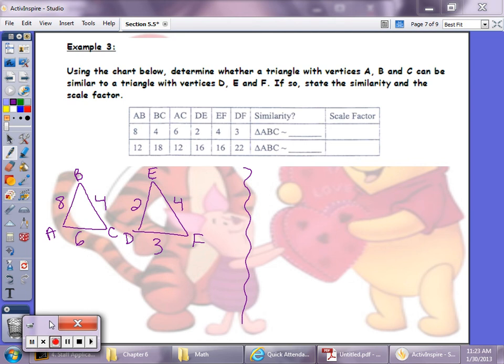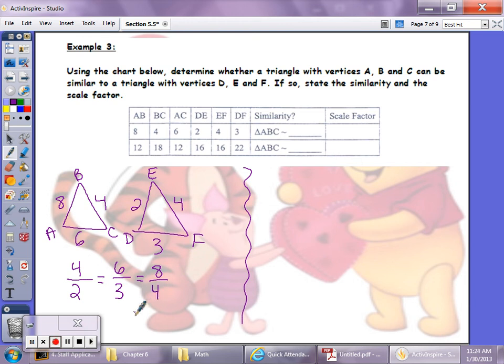So in triangle ABC, the smallest side has a length of 4. In triangle DEF, the smallest side has a length of 2. In triangle ABC, the middle side has a length of 6. In triangle DEF, the middle side has a length of 3. In triangle ABC, the longest side has a length of 8, and in DEF, the longest side has a length of 4.